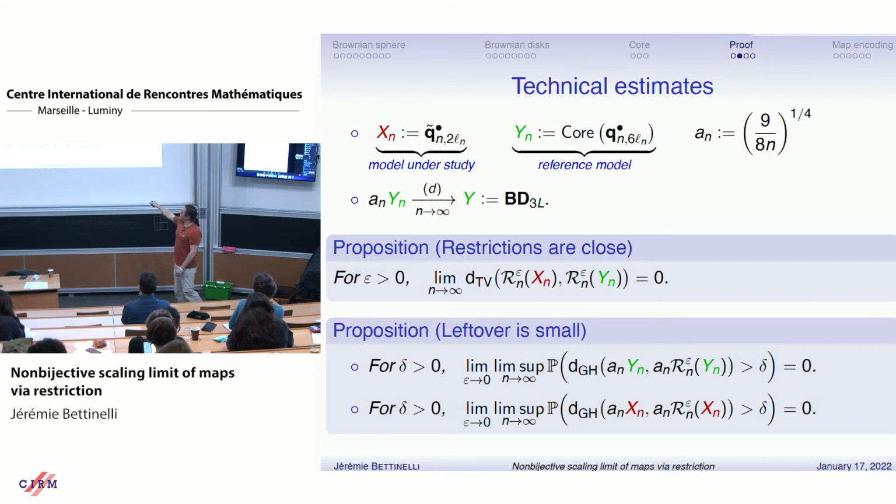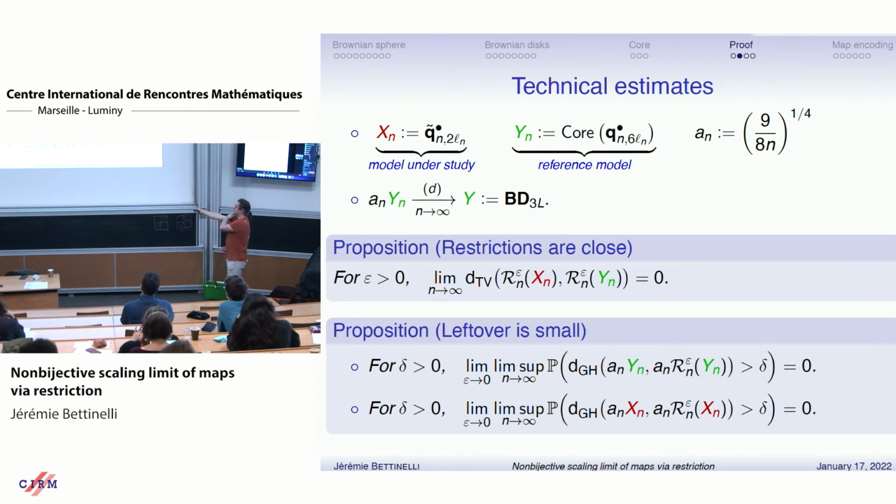And furthermore, the part I removed, the leftover, the component that contained T, is small, in the sense that if I look at Yn and the restriction of Yn, rescaled, the probability that the Gromov-Hausdorff distance between these two is larger than some delta tends to 0 as n tends to infinity, and exactly the same with the two models.